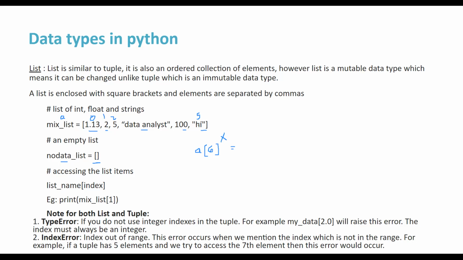Similarly, suppose this is A, and I am trying to index a value, let's say 5, but I try to give the index in the form of a float value, A of 5.0.